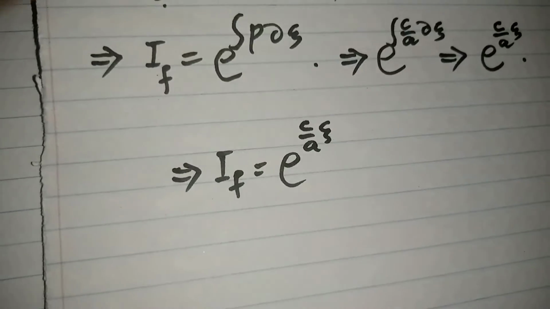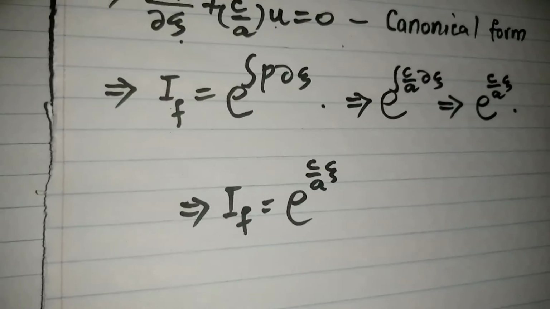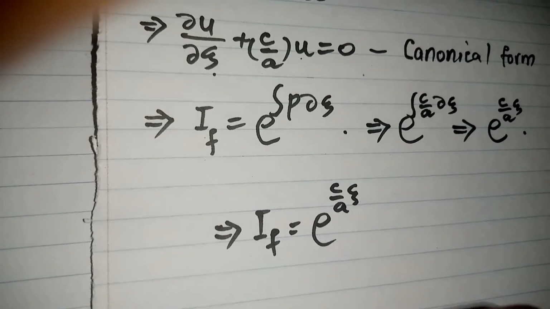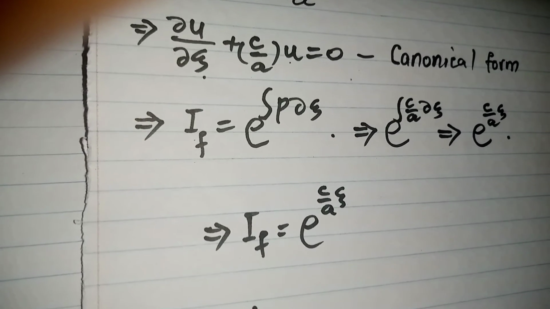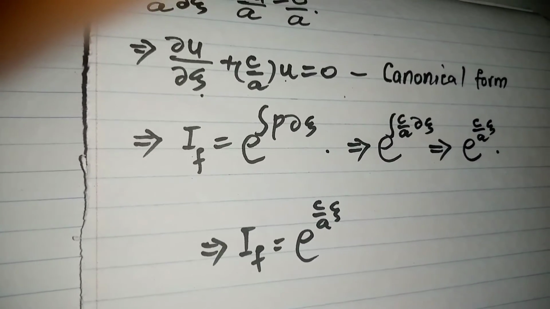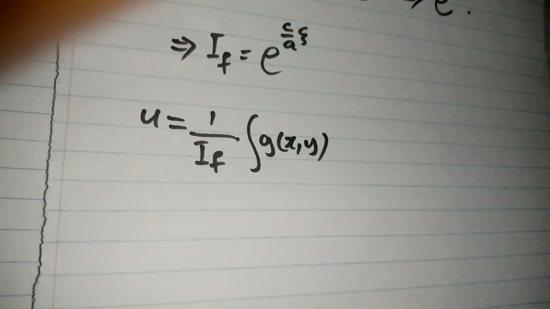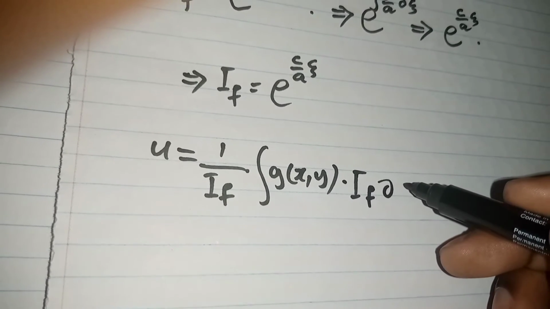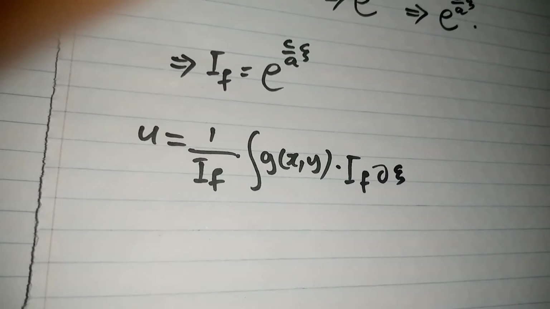Okay, now with our integrating factor, which is equal to exponential c over a xi, we are going to obtain our solution. Our solution u will be given by 1 over the integrating factor times the integral of the given function g of xy at the equal sign, times the integrating factor, with respect to the independent variable, which in our case is xi.